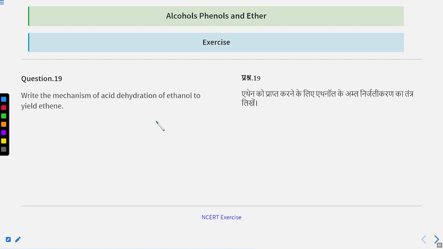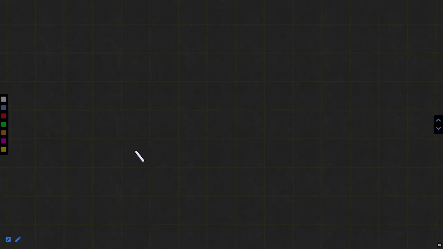Write the mechanism of the acid dehydration of ethanol to ethene. So let us see how it can happen. We have to do acid dehydration of ethanol. So this is ethanol. Here is CH3, here is CH2.